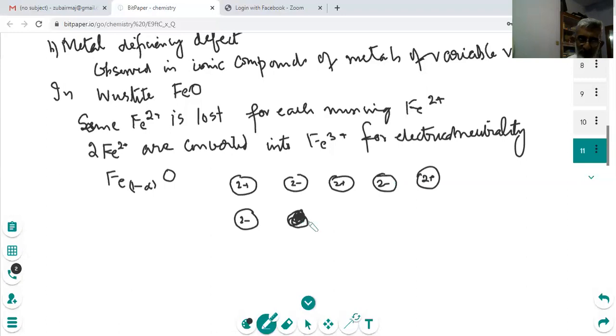So here is a vacancy. Then you have O2-, Fe2+. Now here it is Fe3+. So the Fe2+ from here has converted into Fe3+. And here is O2-. Here you have Fe2+, O2-, Fe2+.